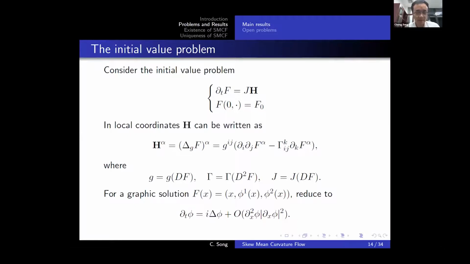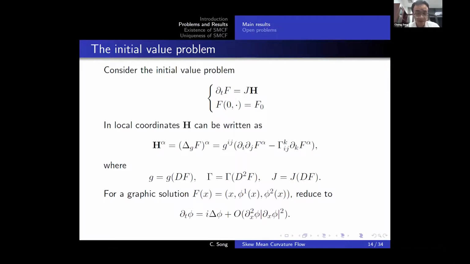So this mean curvature vector, although I denote it by a simple symbol, is actually quite messy. You can see more clearly if we assume this F to be a graphical solution, here in the last line.